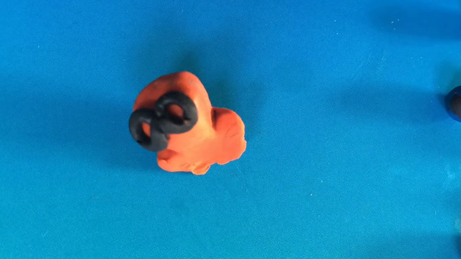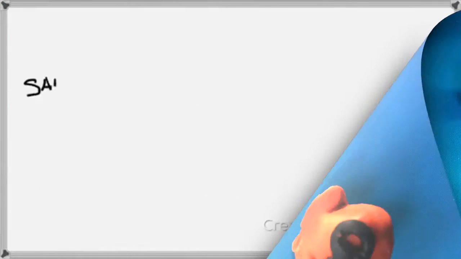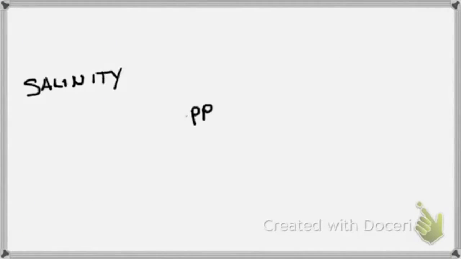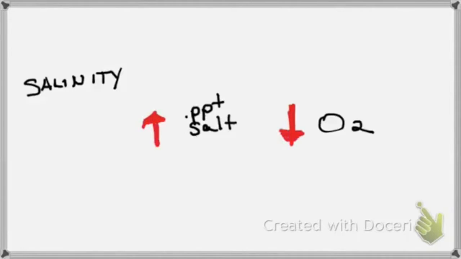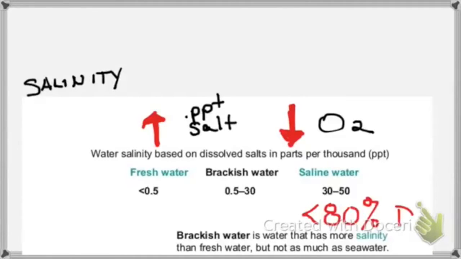Yeah, but the extra salt doesn't exactly help our DO situation. Salts displace oxygen with sodium and chloride, and that shifts the equation even more to less dissolved oxygen. Salts are measured in parts per thousand, or PPT, and the more salts, the greater the salinity, and that means the less DO, another inverse relationship.